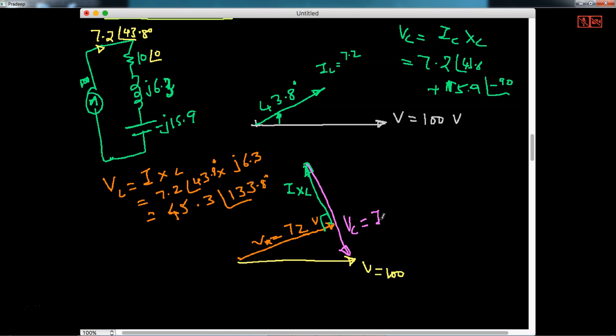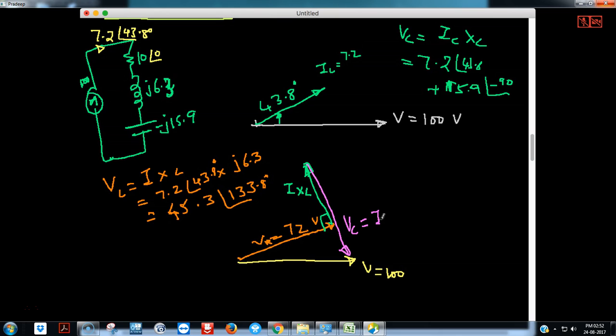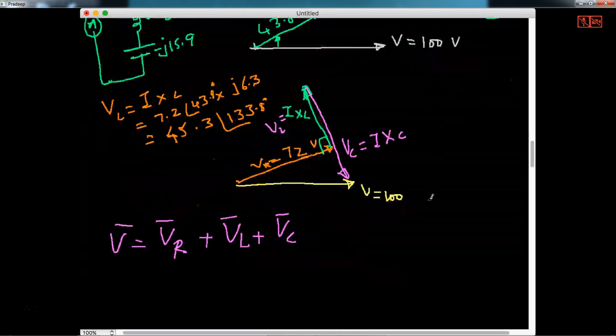So what you notice is V equal to VR plus VL plus VC. This is the vector addition. These are all vectors. So far, any doubts you have based on what I have discussed? Take a couple of minutes. If you have any doubts, feel free to ask.